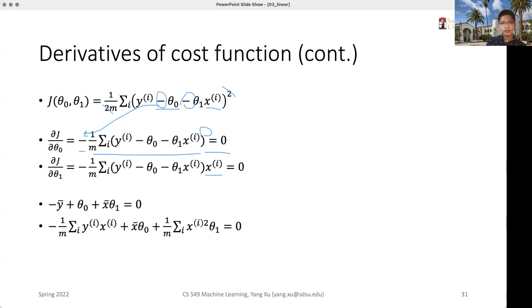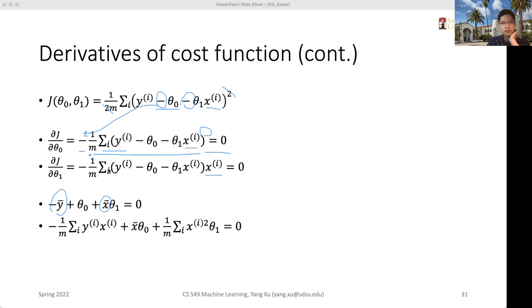And it can actually be further simplified into simpler terms, because you can notice that the summation of y divided by m is actually the average value of y. And the same goes for the summation of xi, which is the average of x, just a simplified case.